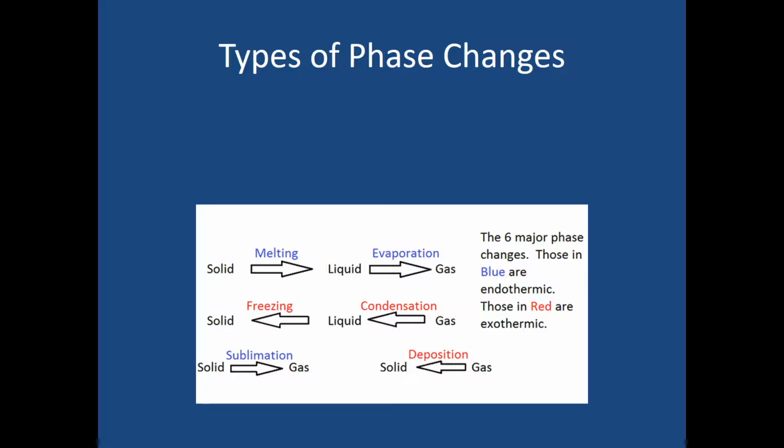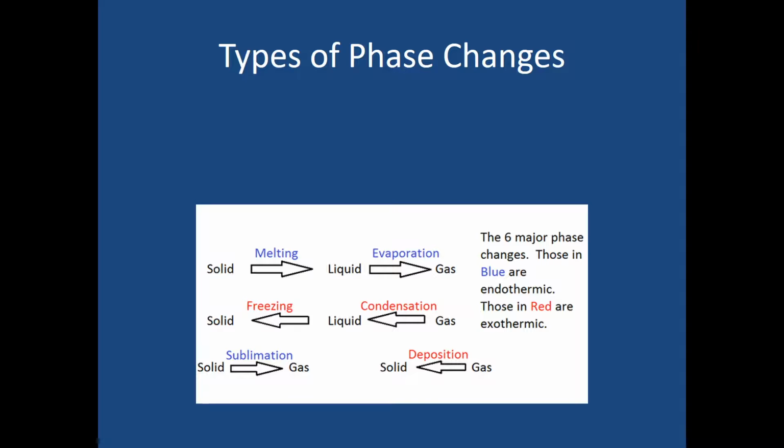To go from a liquid to a gas, the particles need to speed up and spread apart, so they need to absorb some energy. Going in reverse is exothermic. Going from a gas to a liquid, it has to release some of its energy. To go from a liquid to a solid, or freeze, you have to give up some energy, meaning the energy exits the system.